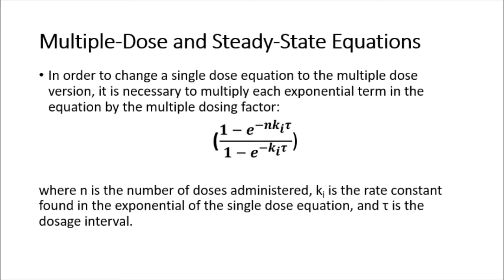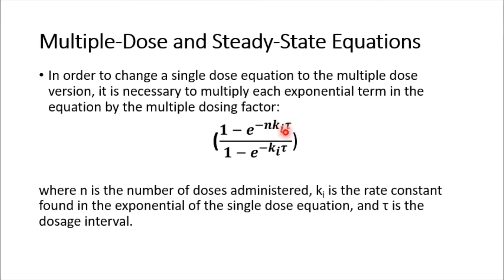In the case of multiple doses, in order to change a single dose equation to the multiple dose version, it is necessary to multiply each exponential term in the equation by the multiple dosing factor. The multiple dosing factor is 1 minus e to the power of minus n ki tau, where n is the number of doses, ki is the rate constant found in the exponential of the single dose equation, and tau is the time interval.